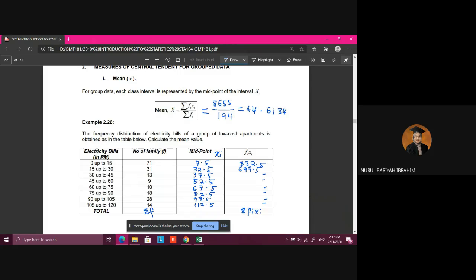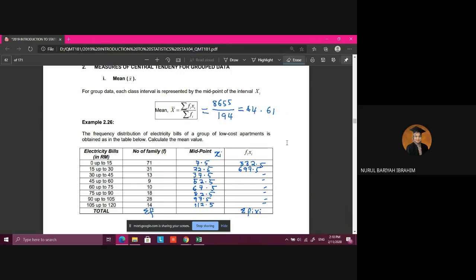Since the variable here is electricity bills in RM, we can say that the average electricity bill of a group of low cost apartments is RM44.61. You do not need to put a prefix, it's okay, because the unit now is in RM.